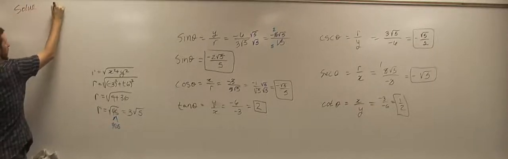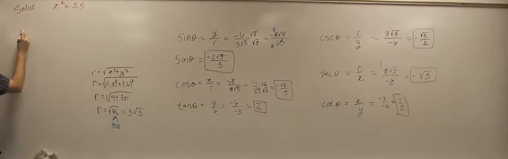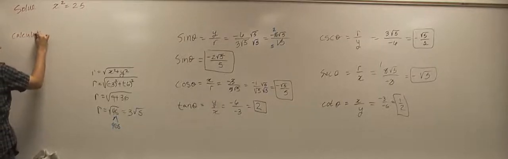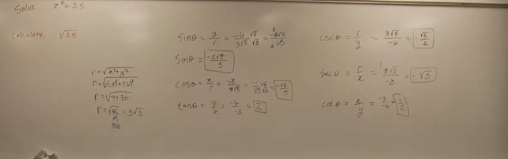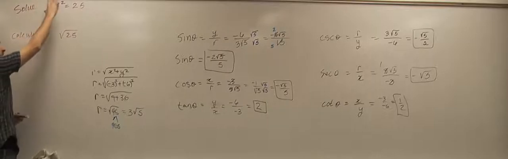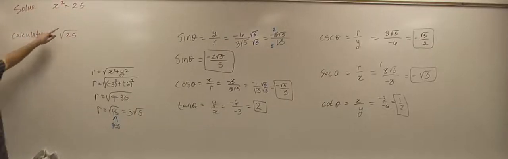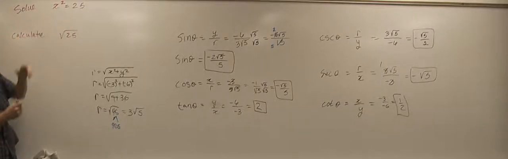If I tell you to solve x squared equals 25, versus if I ask you to calculate or evaluate root 25, these are two different things, and they'll have two different answers. In the top case, if you're solving this equation, you realize that both a negative answer and a positive answer will work here. Both negative 5 squared and positive 5 squared will solve this equation.